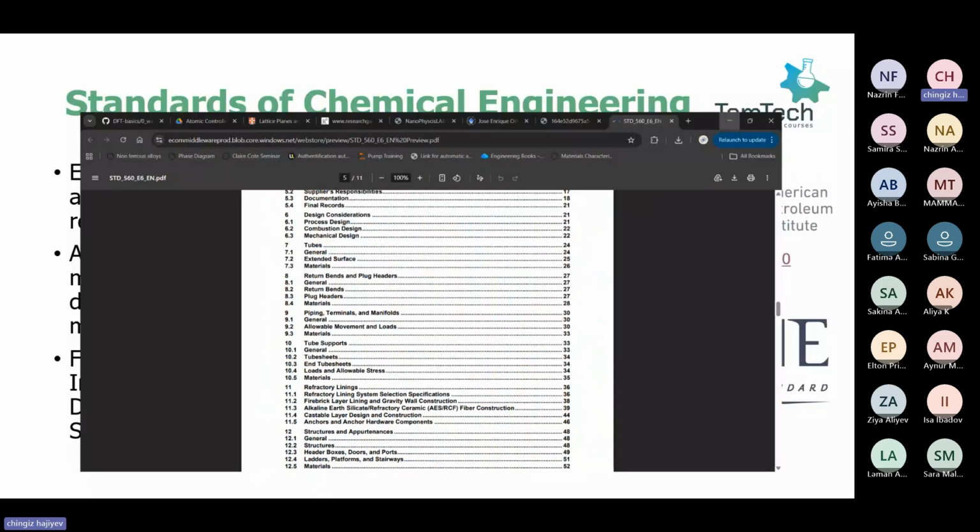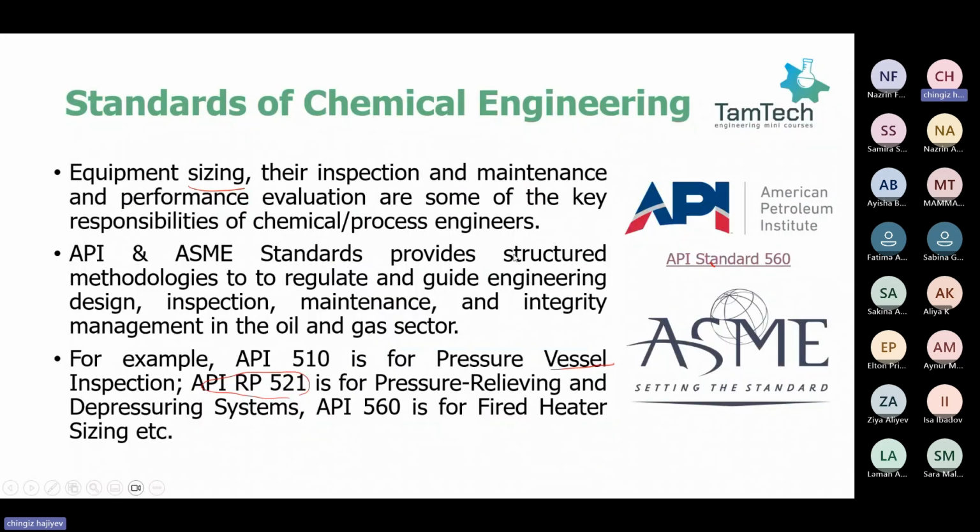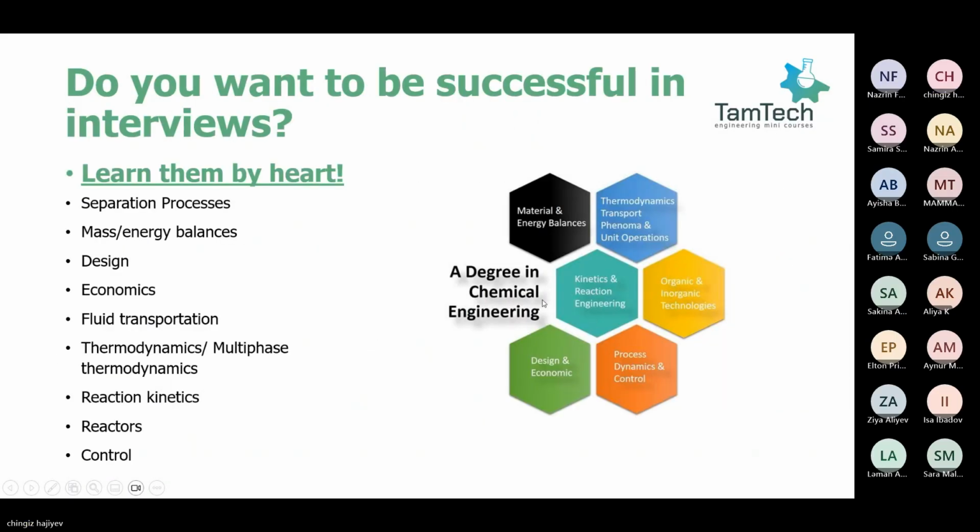These are super big documents, and if you are a professional process engineer, it is better for you to know every standard practice. The same can also be said for ASME standards, which are usually for pumps, compressors, or other rotating equipment.